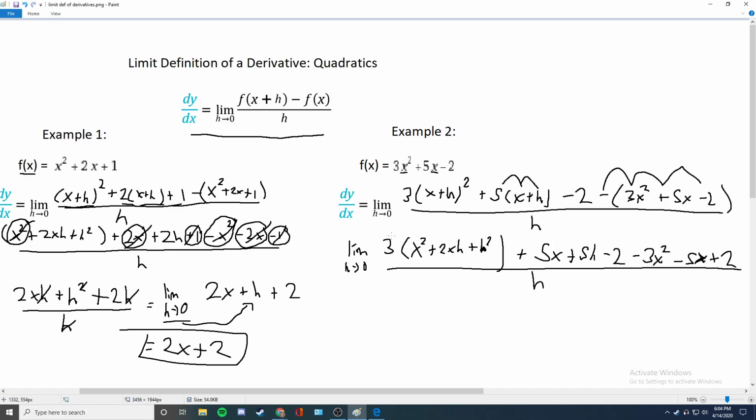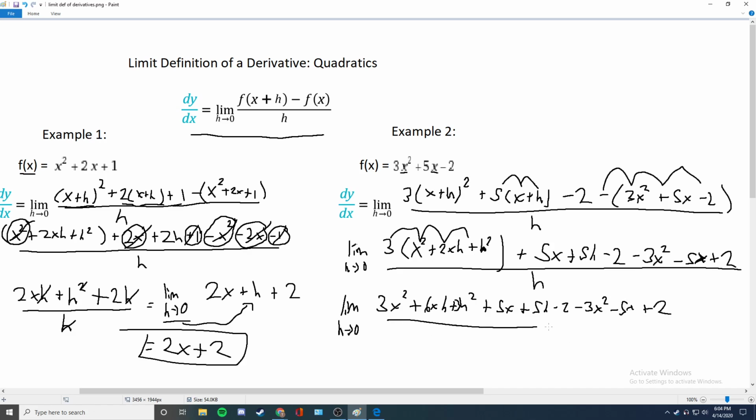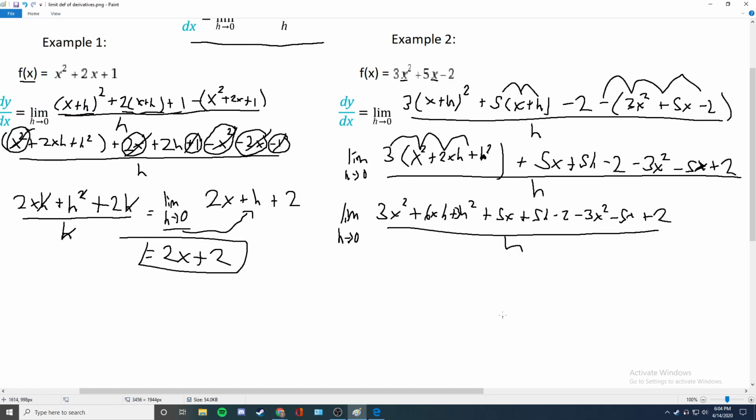So I'll work on distributing this 3 in here. We've still got that limit on the outside. The limit as h approaches 0 of 3x squared plus 6xh plus 3h squared, plus 5x plus 5h minus 2, minus 3x squared minus 5x plus 2, and still over h.